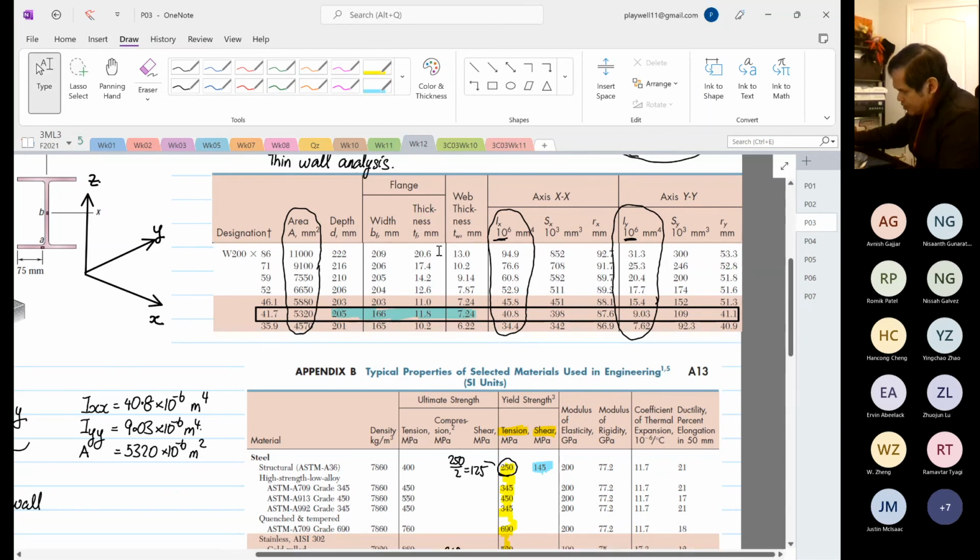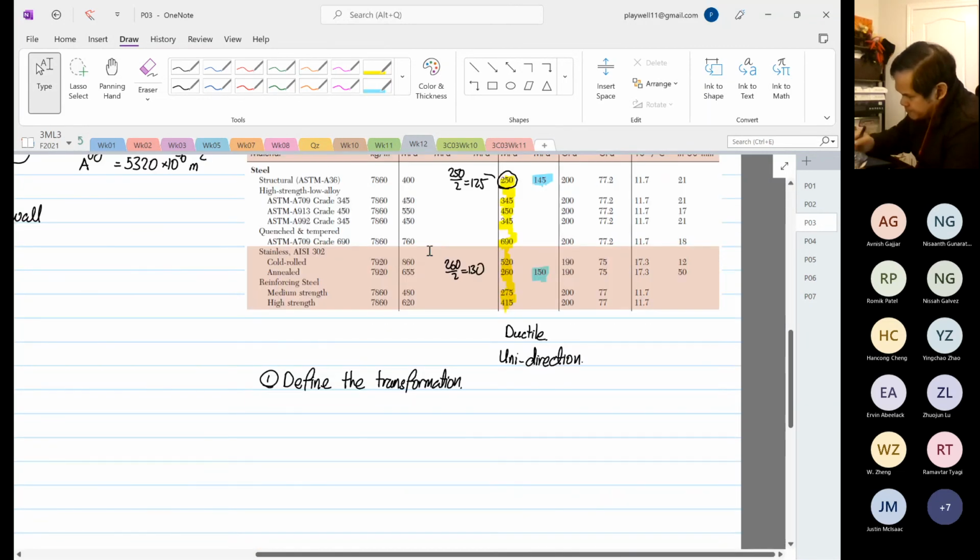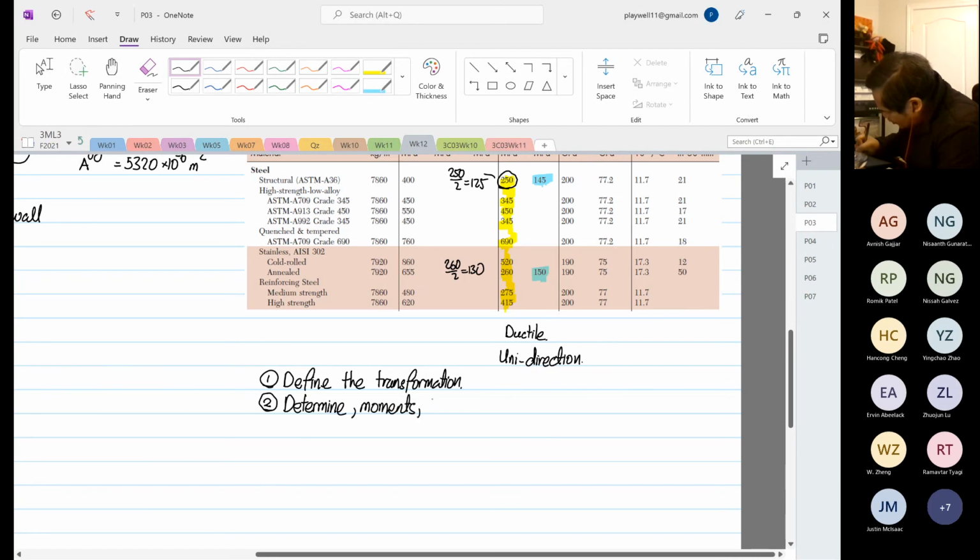So now the second thing that we do, we have already defined the transformation. The second thing we do is determine the moments, torque, axial force, and shear force.